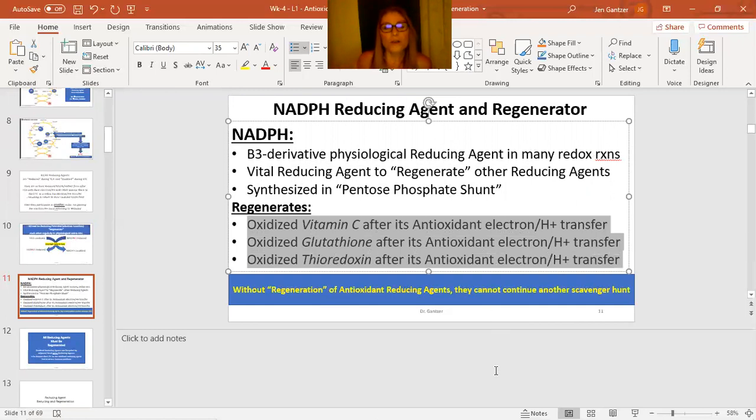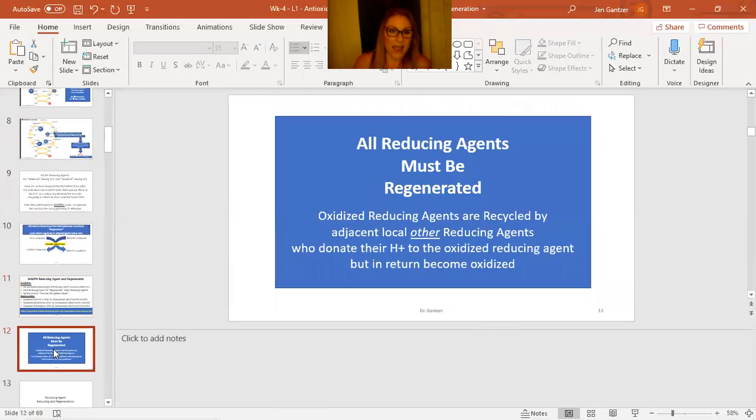So all antioxidants that have donated their hydrogen have to get a hydrogen back to go do another round.